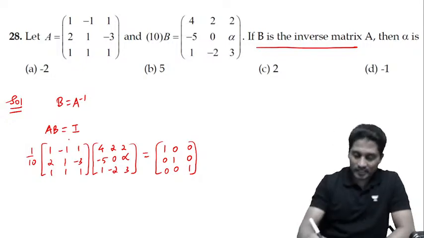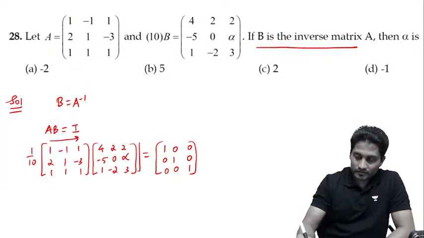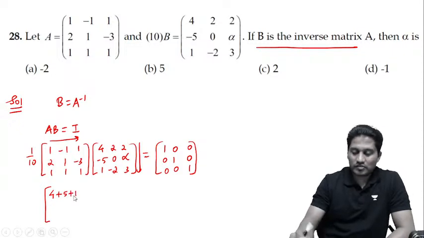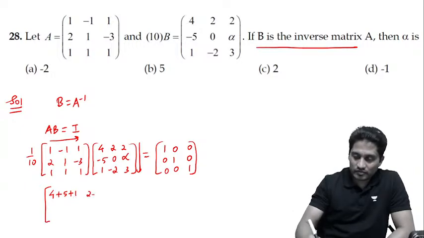Okay, now I'm going to multiply this first row first column. This becomes 4 minus and minus is plus 5 and plus 1. That is first row first column. Then first row second column, you will get this is 2 minus 0 minus 2. First row third column, you will get 2 minus alpha plus 3.